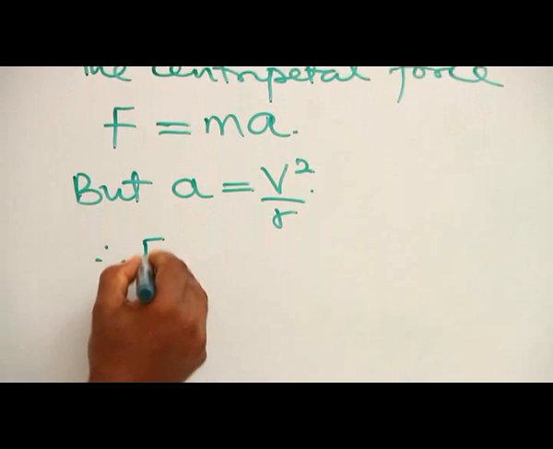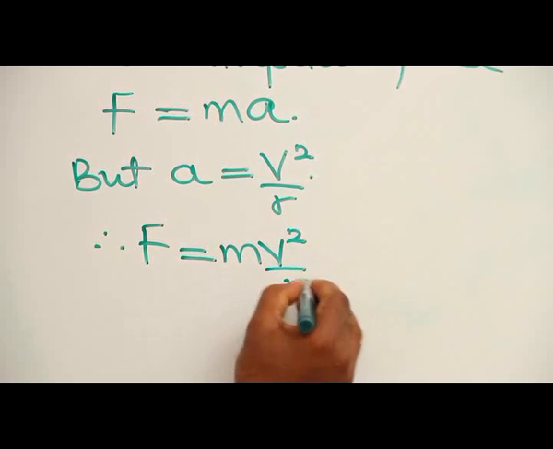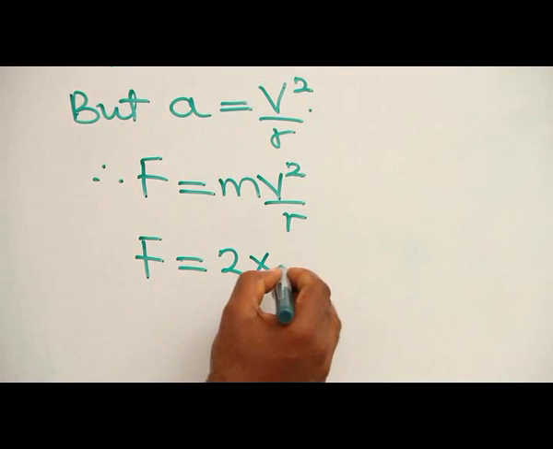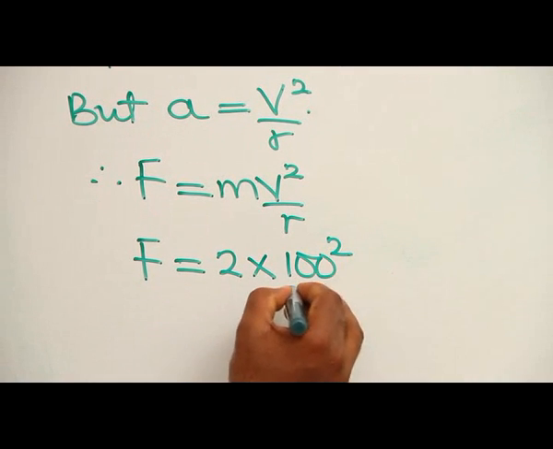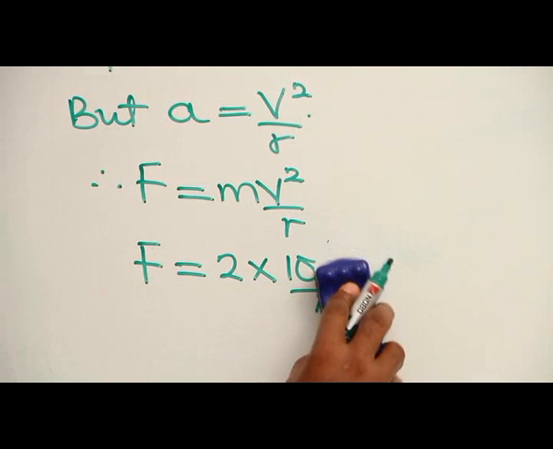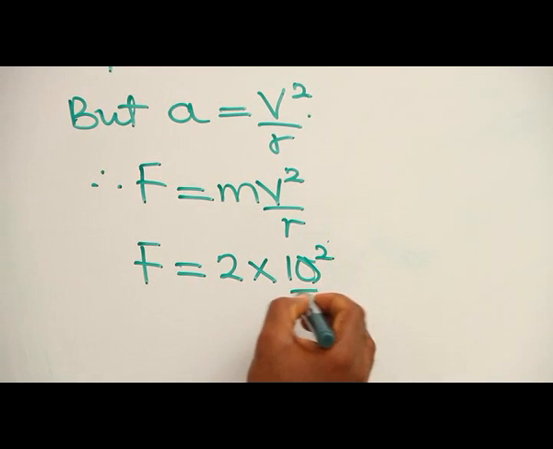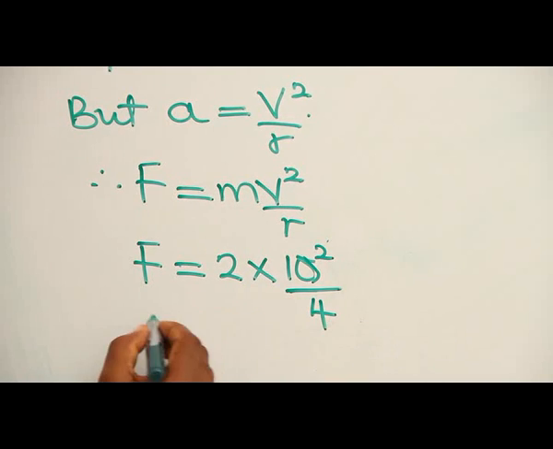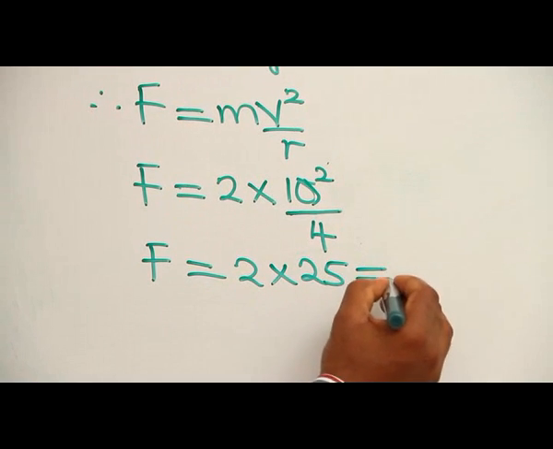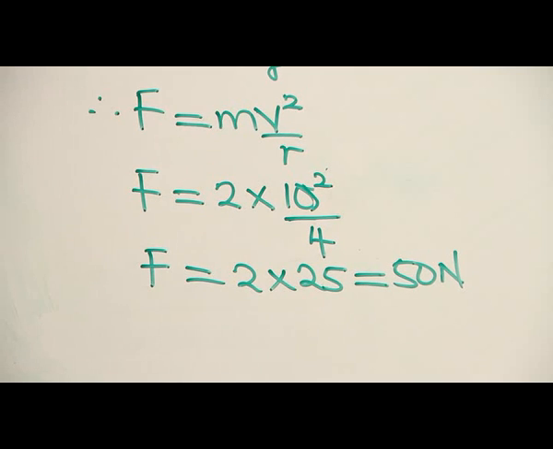Therefore, the centripetal force is mass times v squared over r. The mass is 2, the velocity is 10, so 10 squared divided by 4. F will give 2 times 25, which is 50 Newton. Option B is correct.